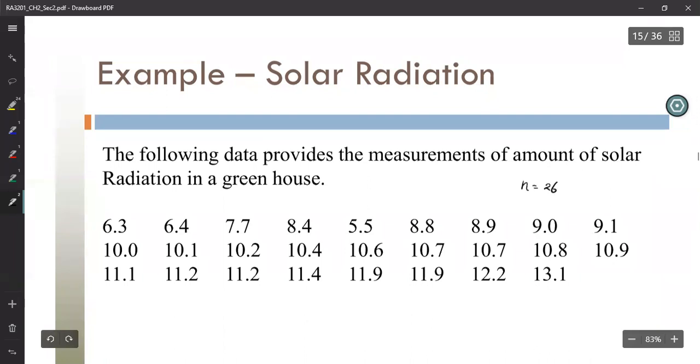And it is already ordered for you, so you don't have to spend time on sorting it. You can see the lowest is 6.3 up to the highest 13.1. Now start and divide the data set. First divide it into half and find the median Q2, then look at the lower half and divide it into 2 to find Q1, and go to the upper half, divide it into 2 and find Q3. Can you do that?